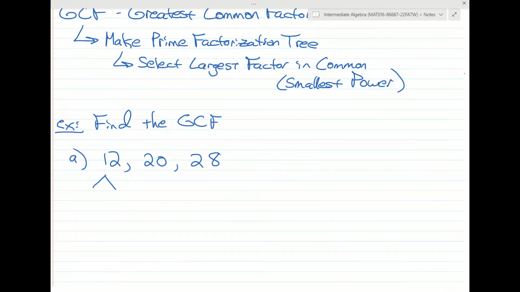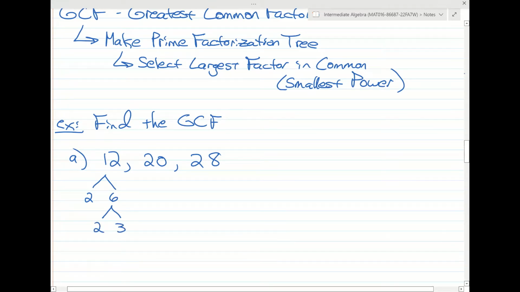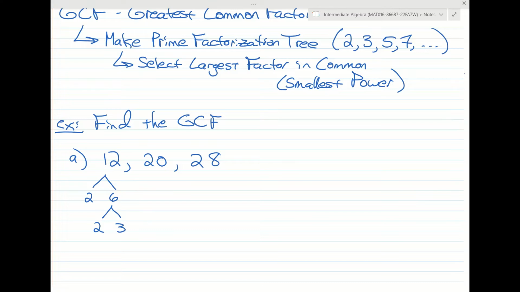So 12 is the same as just 2 times 6. 6 is the same as 2 times 3. When we make a prime factorization tree, the prime numbers start at 2, then you have 3, 5, 7. Those are all prime numbers, right? So 12 is the same thing as 2 times 2 times 3.